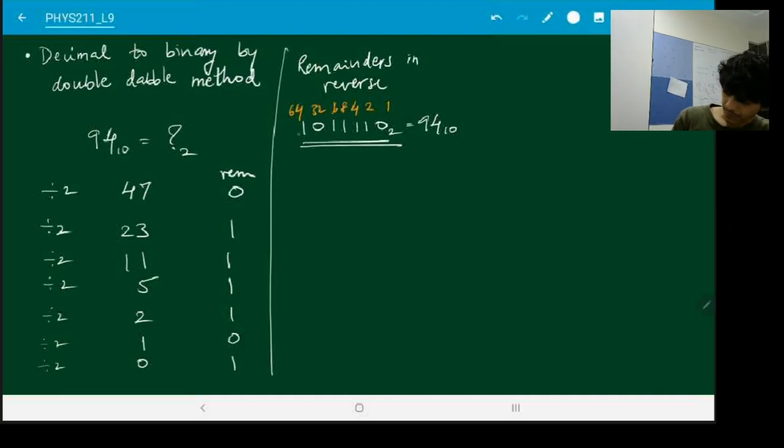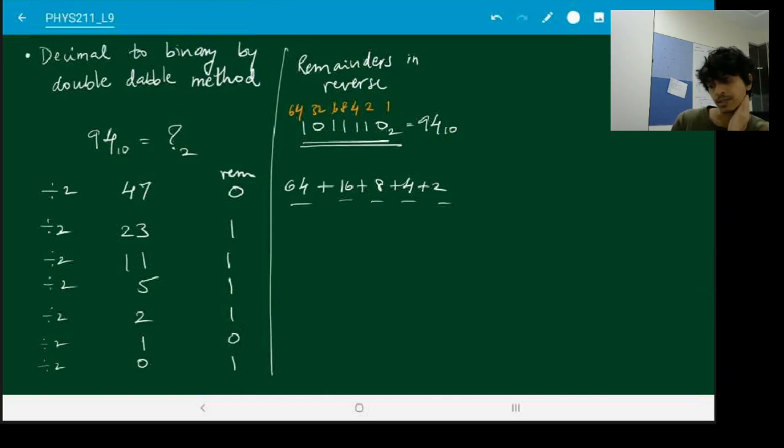So let's add up all the ones where there is a 1. So 64 plus 16 plus 8 plus 4 plus 2. How much is this? 16 and 4 is 20, 30, 94. Correct. So here's how you do it. You keep dividing by 2 successively and you collect all the remainders and put them in reverse order. This is called the double dabble method.